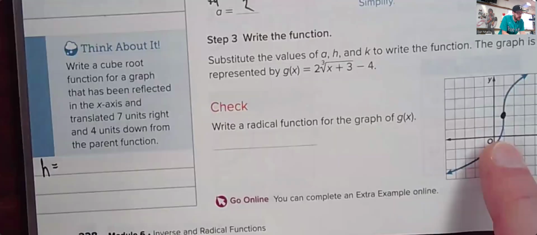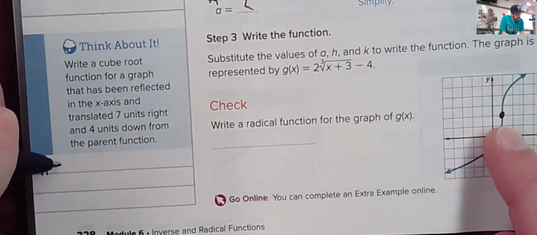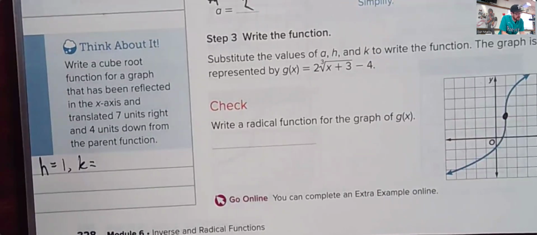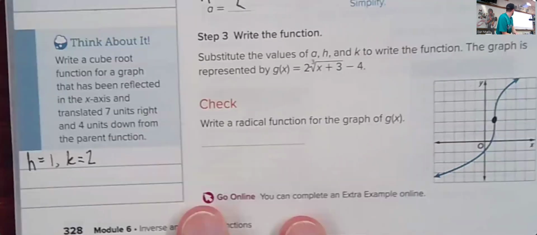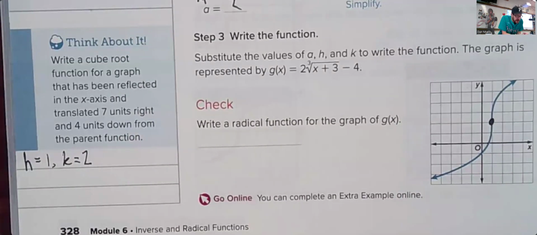If it's going to the right one, H is what? 1. K equals what? It went up 2. K is 2. Okay. Is this a cube root or a square root? Cube root. Okay.